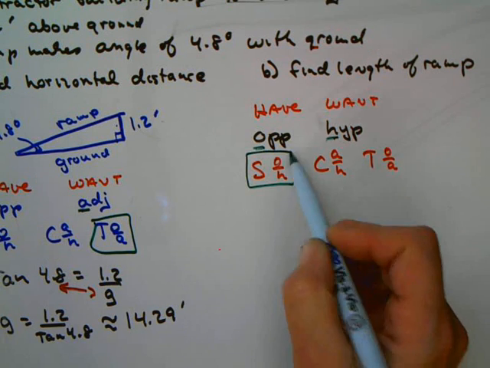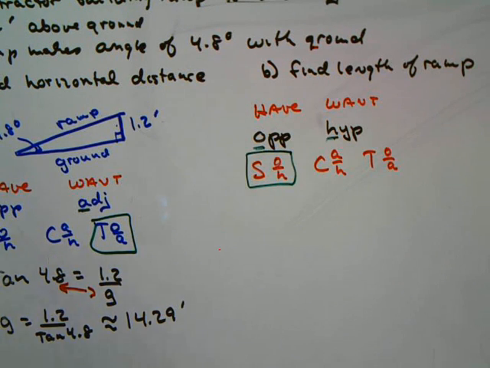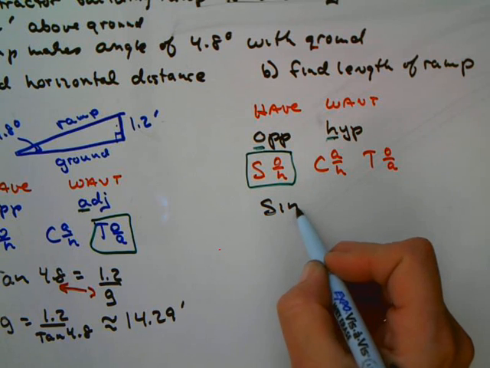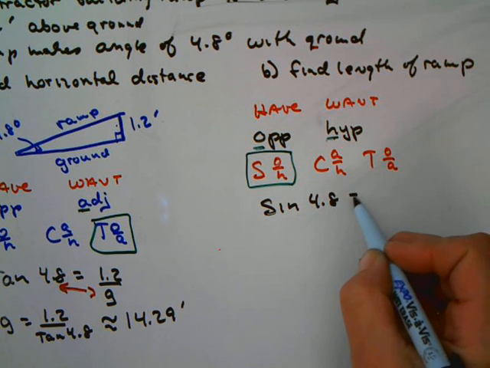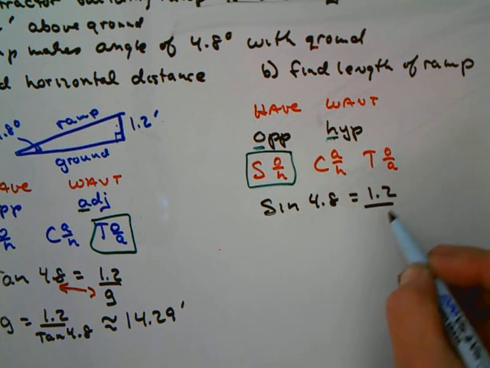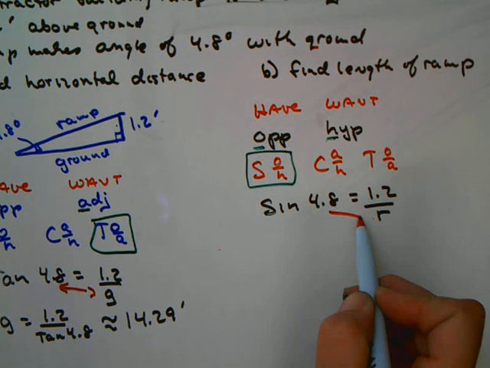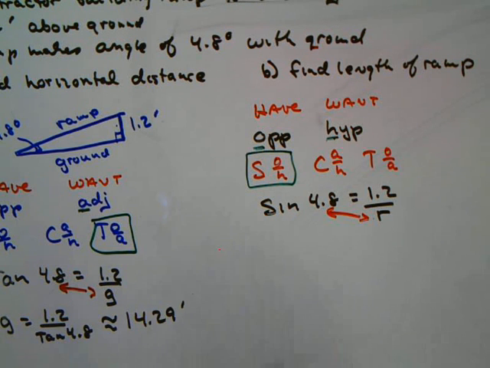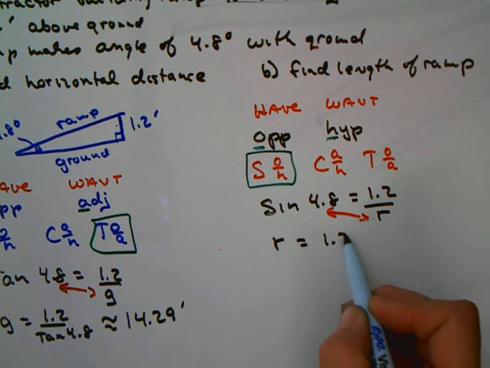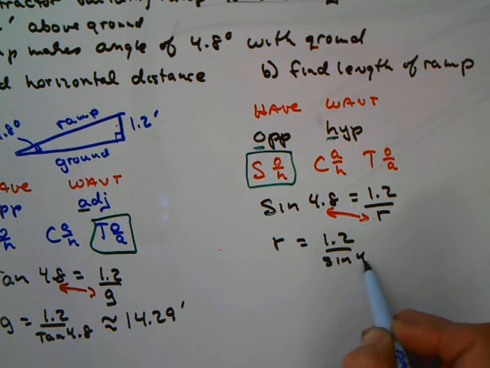And the sine is the one I'm going to use. The sine of 4.8 degrees equals the opposite over the ramp. That's my hypotenuse. And recall again, if this is in the denominator, I can just flip those. R equals 1.2 over the sine of 4.8.